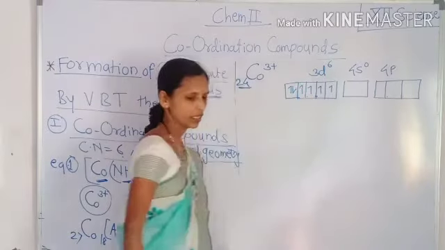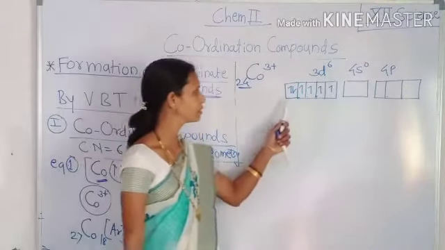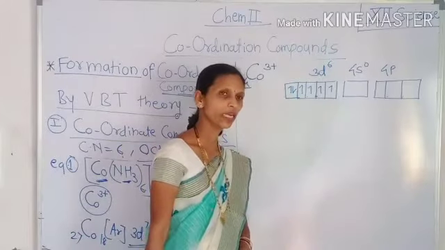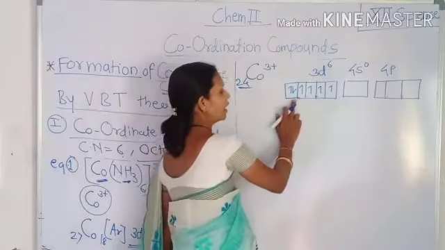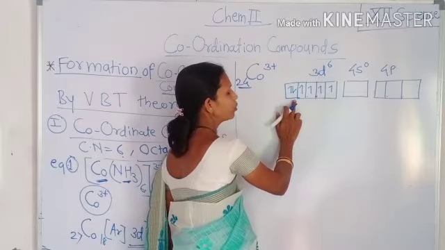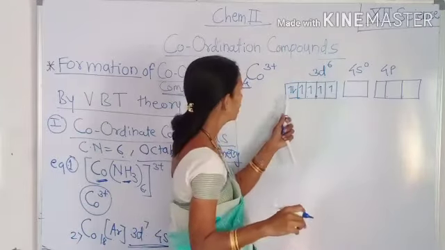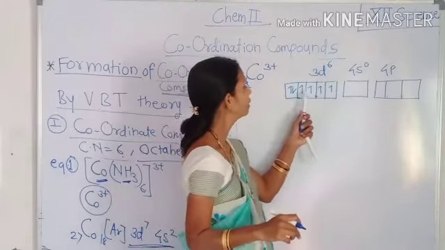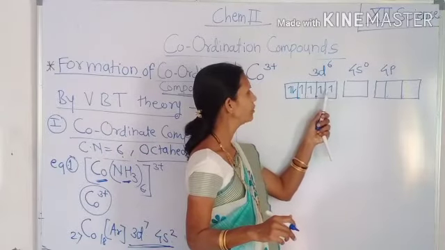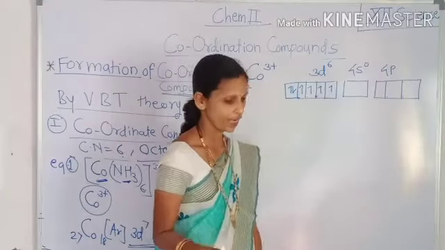See here, in this complex, 6 electrons are in 3d, in which one 3d orbital is paired while the other 4 electrons are unpaired.